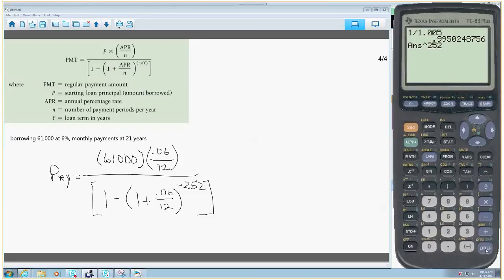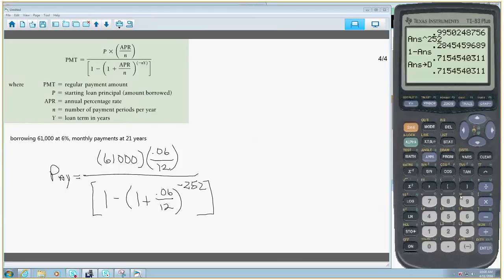If you do it with a negative or a positive, you still get 0.28, no matter what. And then I'm going to subtract that from 1. I get 0.71. Is that what y'all got? And I'm going to store that as alpha d for denominator.